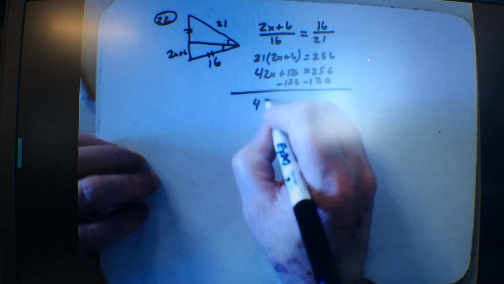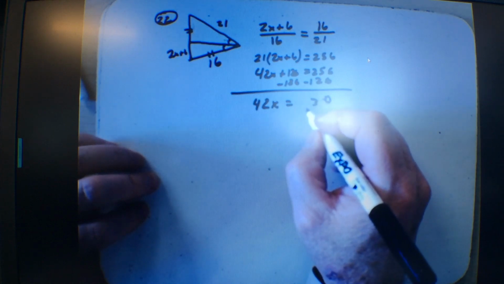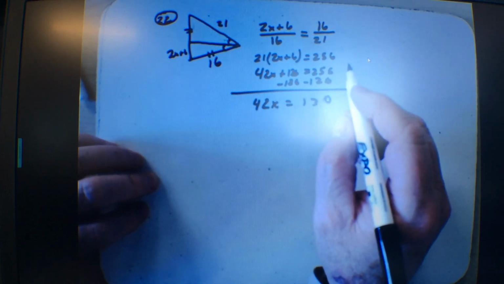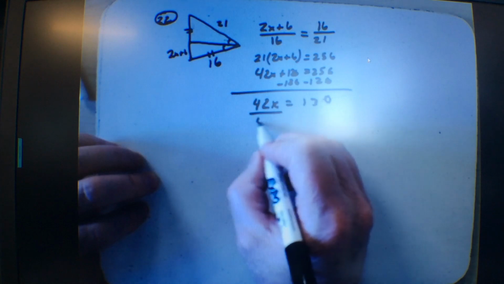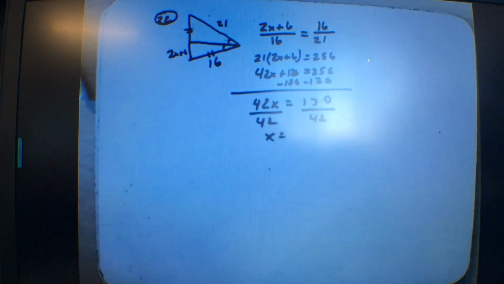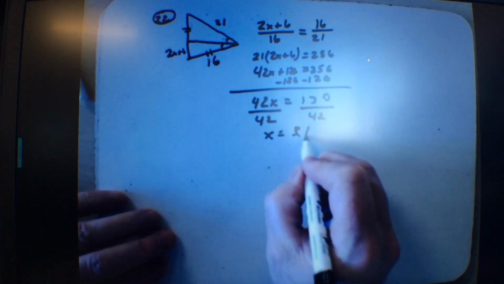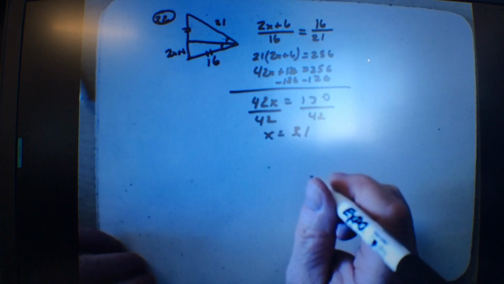And we get 42x equals 130. Is that correct? What did you get when you take 130 divided by 42? A decimal. What is it? 3.1, rounded. Okay, very good. You got it?